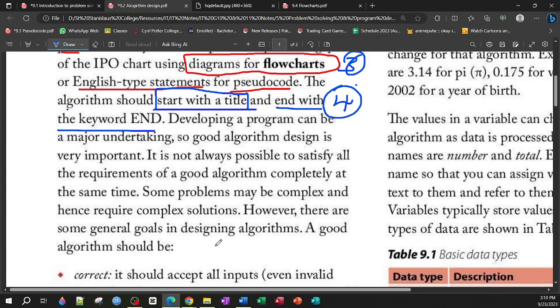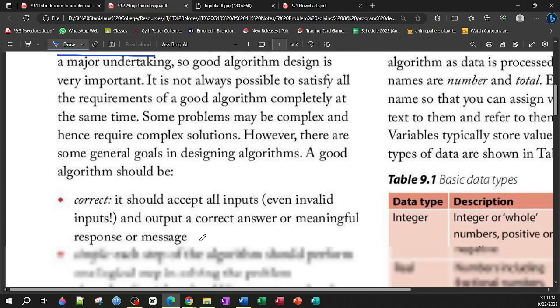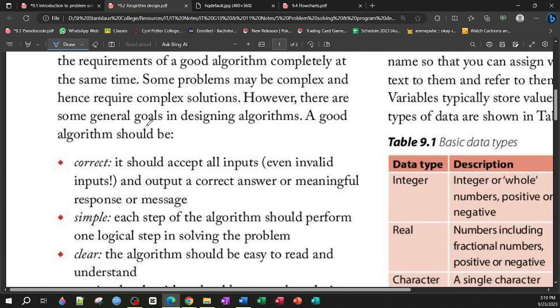In a nutshell, you want your algorithm to be perfect. But obviously, that's probably impossible for us to make it perfect in the first go. So we try our best to make it as perfect as we can, and we do that by ensuring we have good algorithm design.